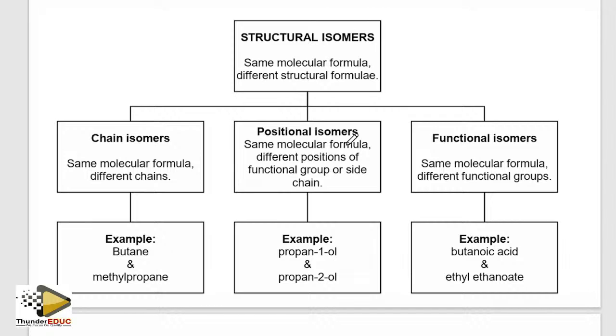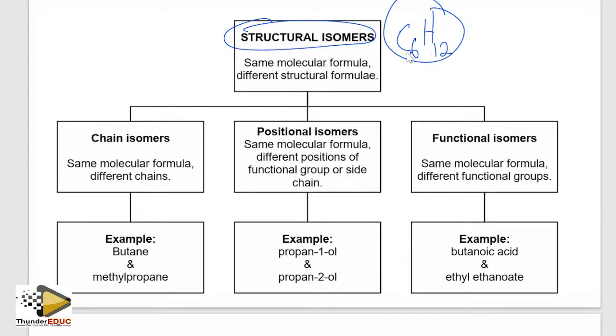This is a simple recall, which means that these were isomers. We saw these structural isomers: same molecular formula but different structural formula. If you write the molecular formula, it becomes the same. For example, C6H12.